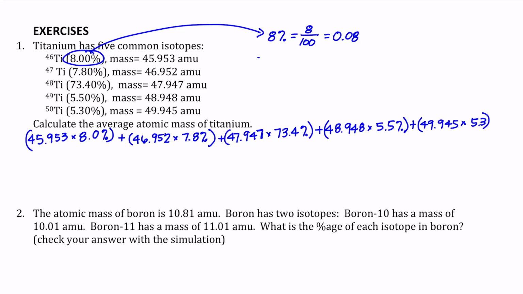So 7.8% means 7.8 divided by 100, which is 0.078, right? So you can do it with this form where we've written it out, but I don't want to write that extra step, right?